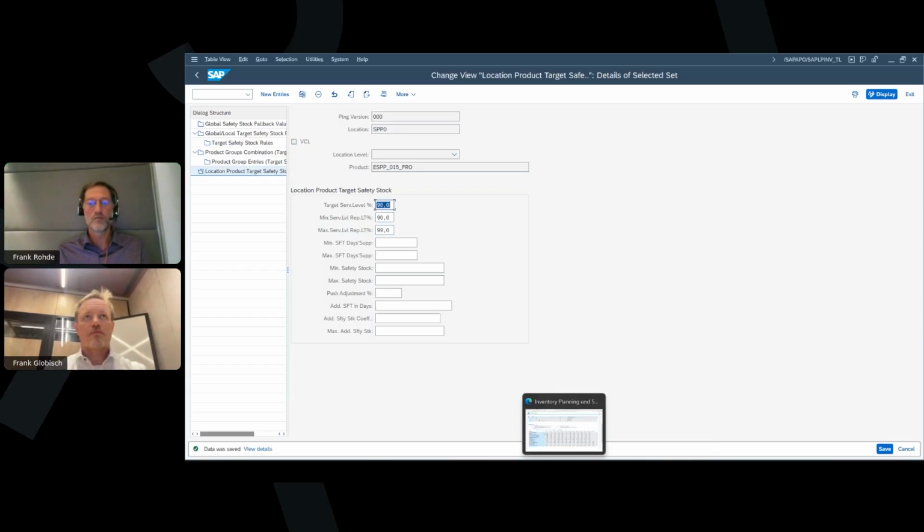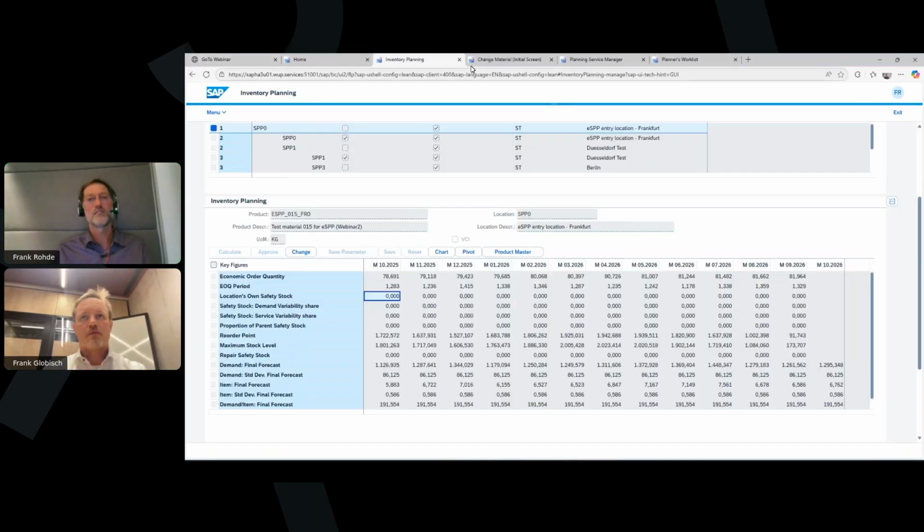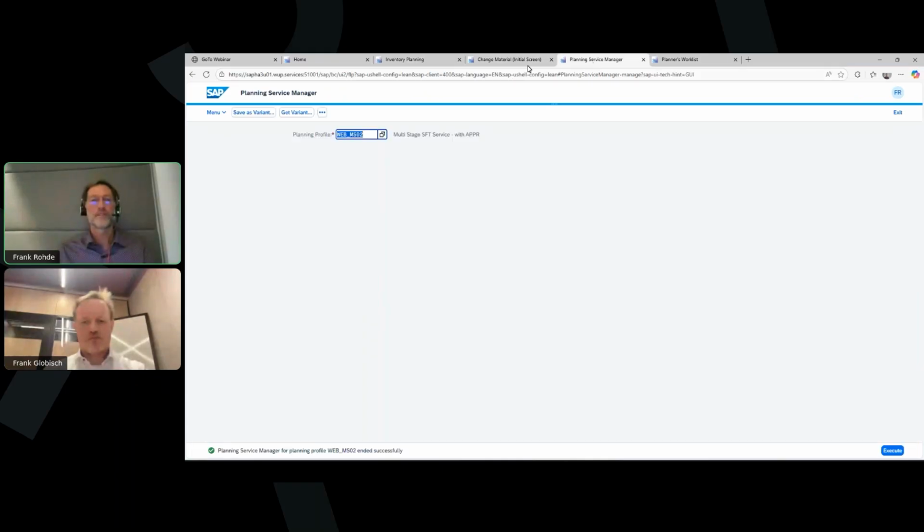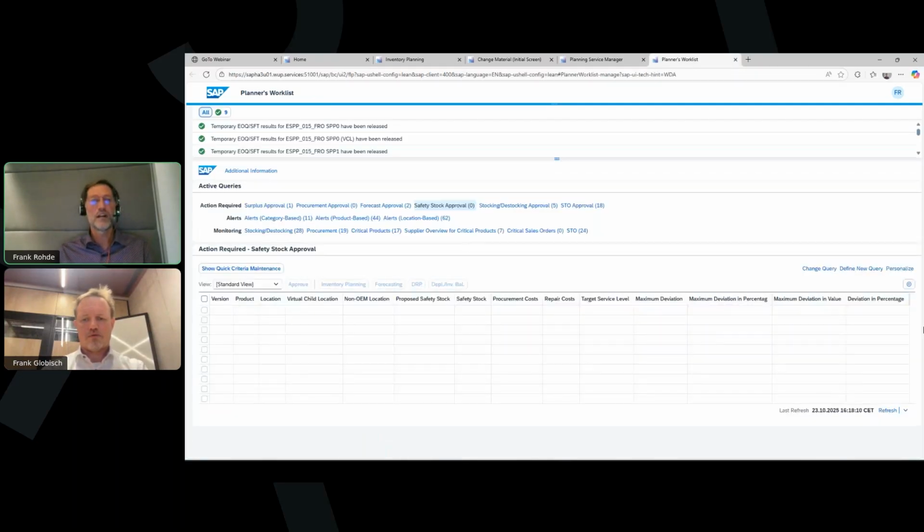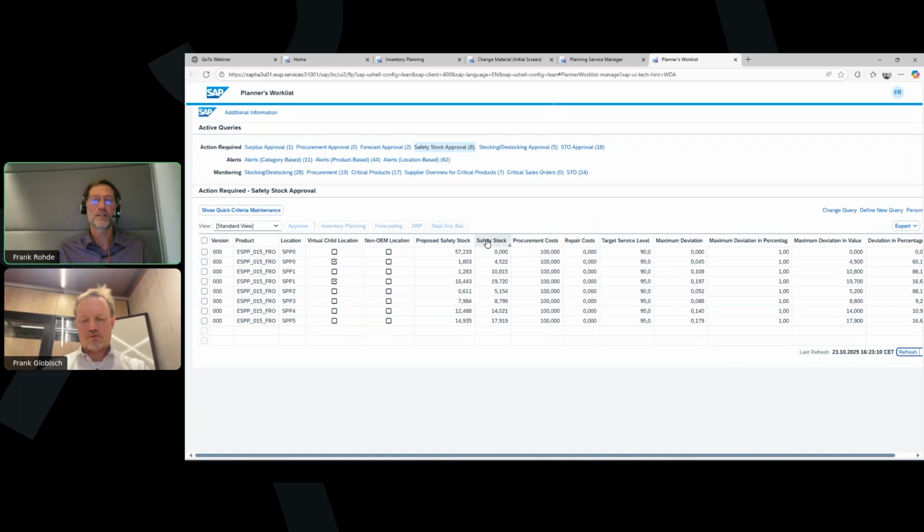And when we now, just with these settings, run the safety stock planning again, we simply execute the same planning service. I need to look a little bit after the time. Ended successfully. I go again in the planner's work list where the planner can see and approve the results and push the refresh button. And now, just because of our slight change in the target service level variability on the entry location, it changed again.